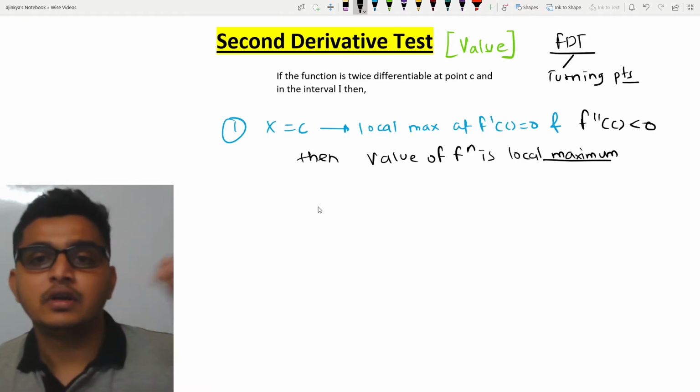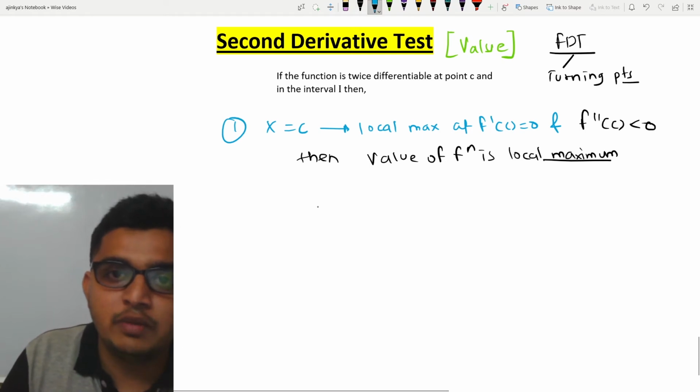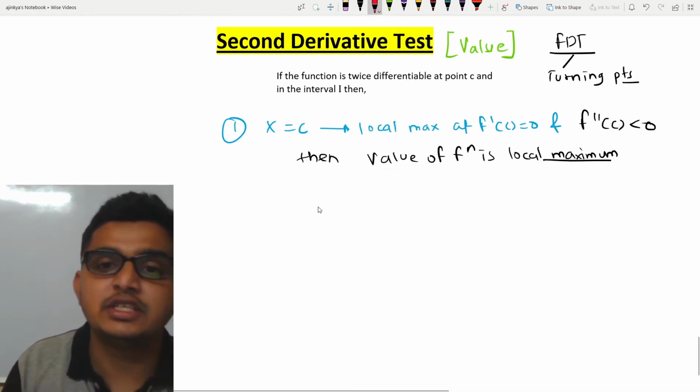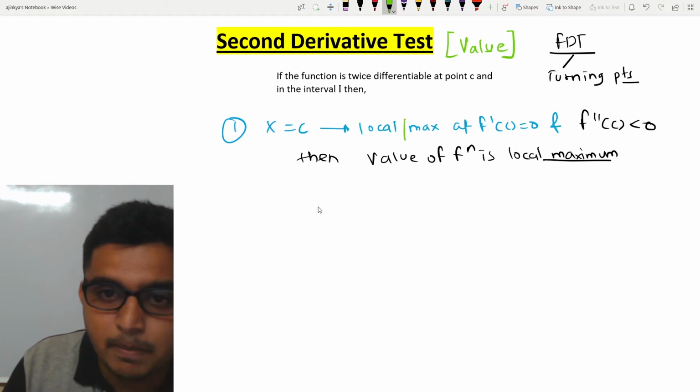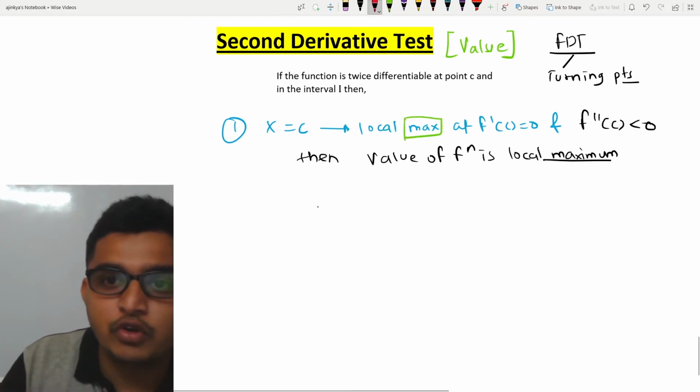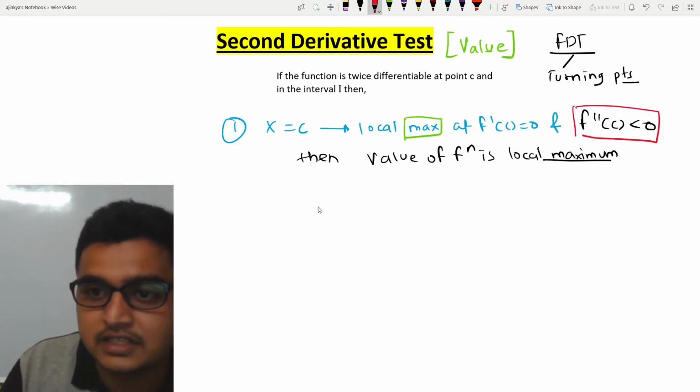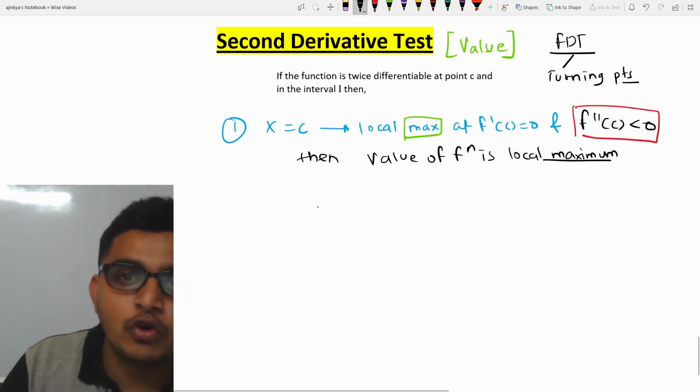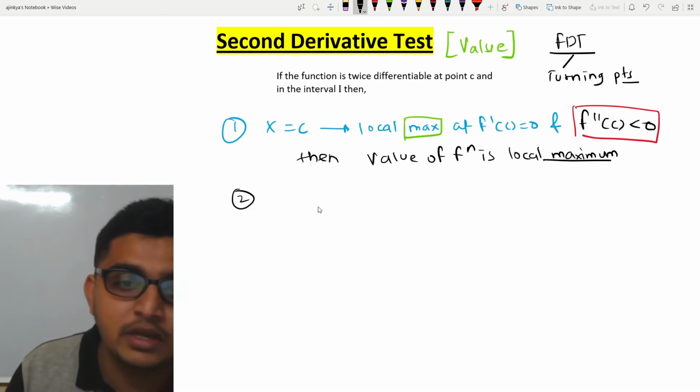So again, in case you need to keep in mind how to remember it, it is just opposite. If we take maximum value, it is going to be negative, less than 0.